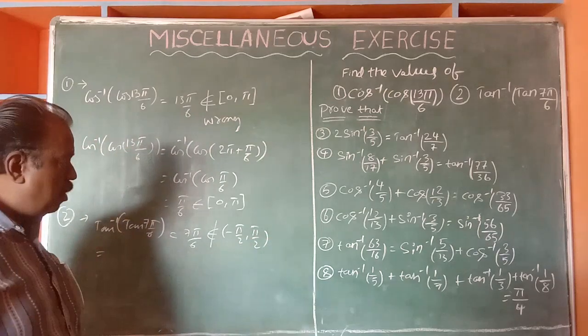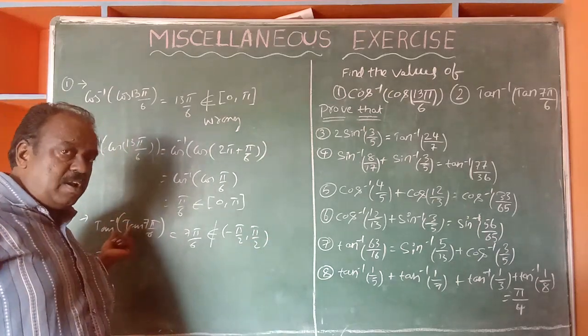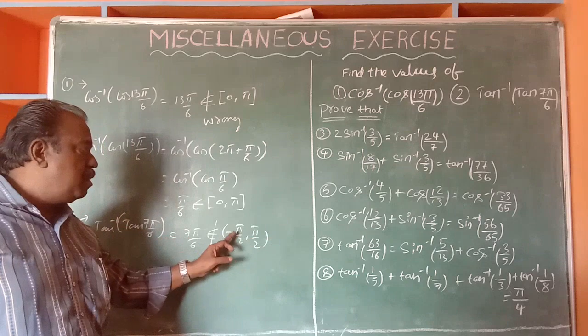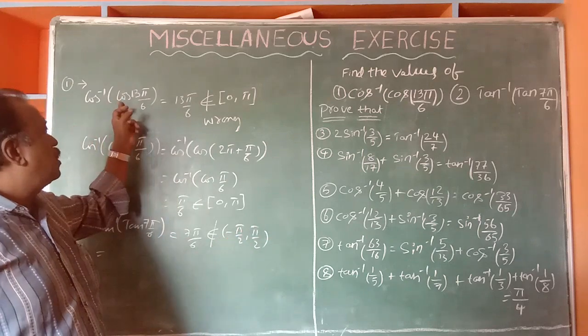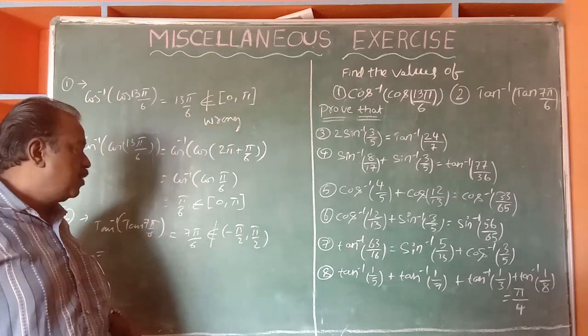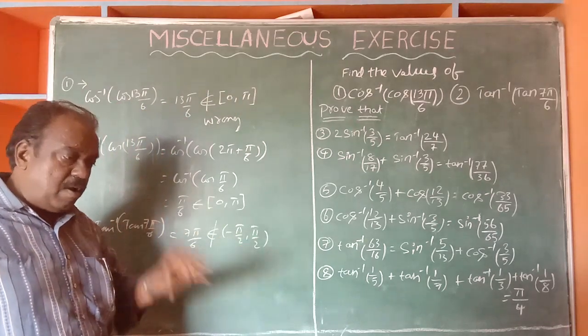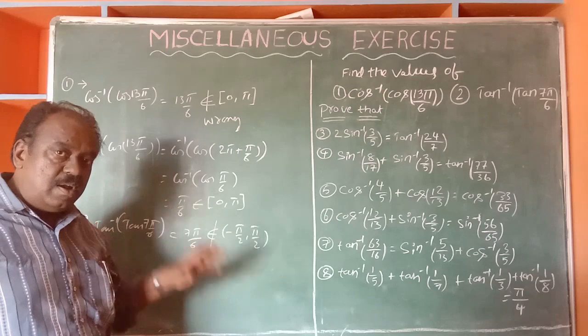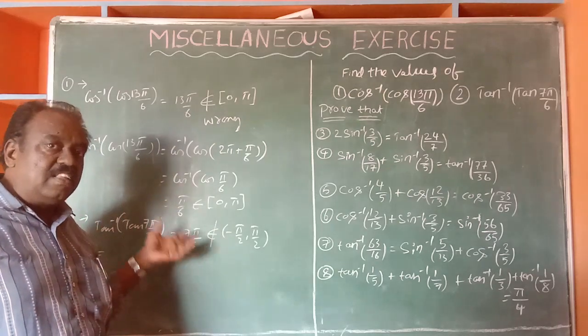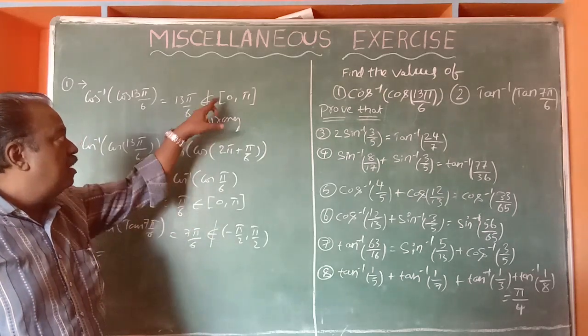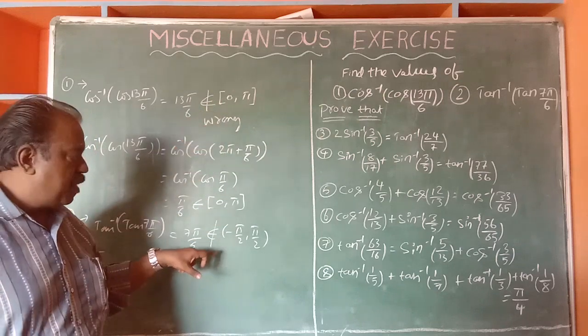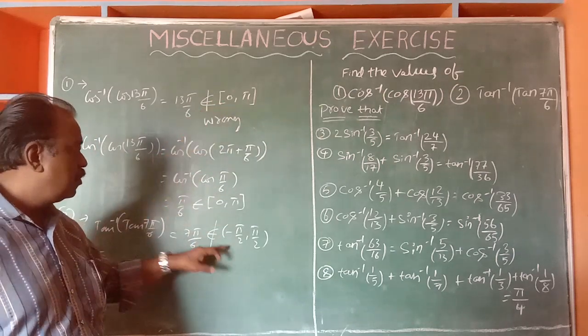You have to remember that if the problem is related to tan, the interval is minus pi by 2 to plus pi by 2. If it is cos, 0 to pi. If it is sine, the closed interval minus pi by 2 to plus pi by 2. Many times I solved problems and I have been telling this formula because these are somewhat different types of problems. Please note it well.